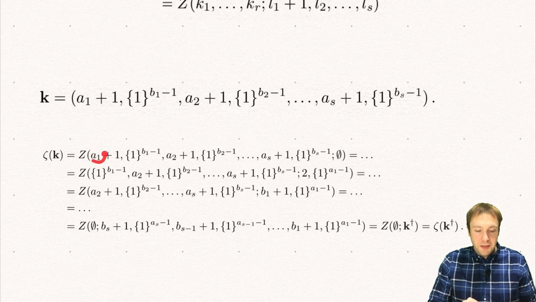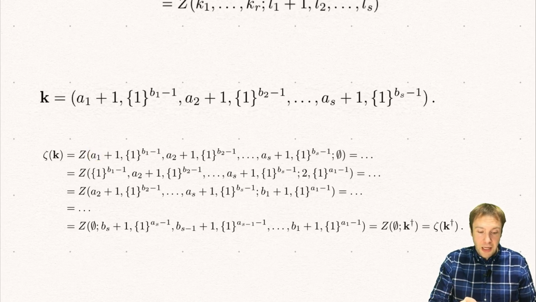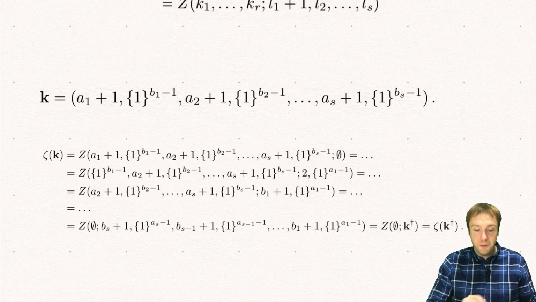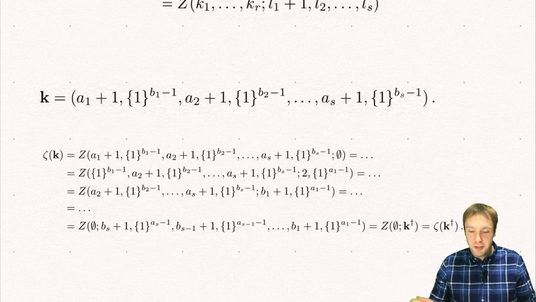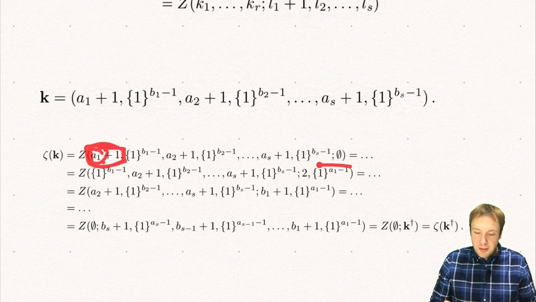After using the second transport relation a1 times, I will have a 1 at front, and actually I will have exactly b1 once in front, so I can use the first transport relation b1 times.